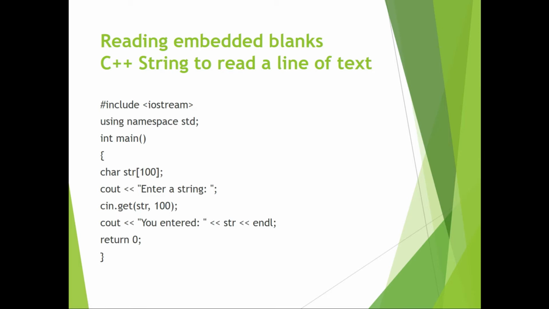So when you are reading a word and trying to display that particular word, you can use cin. But when you are going to read a line or a sentence, you need to go for some inbuilt function like cin.get, or you can also use getline, or you can also use gets.